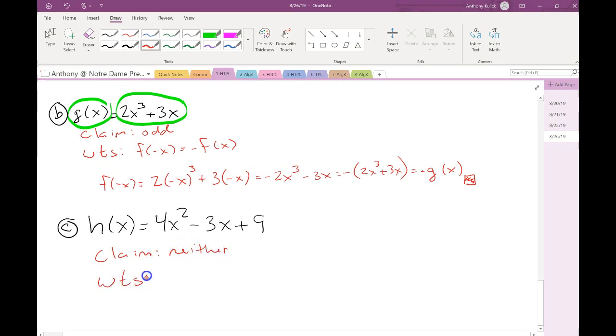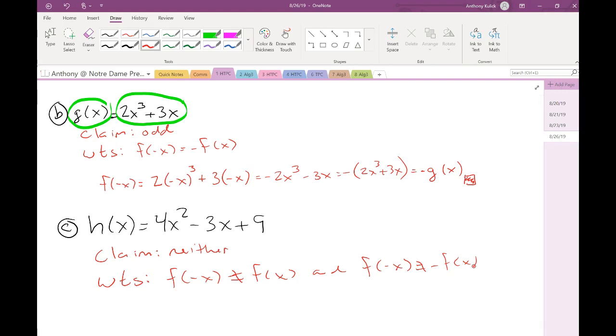So to do this, we need to show that h of negative x does not equal h of x, and h of negative x does not equal negative h of x. So to show that it's neither, you have to show that it's not even and that it's not odd. It's not so bad.